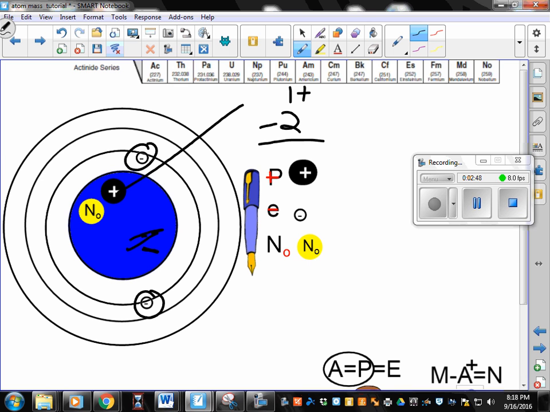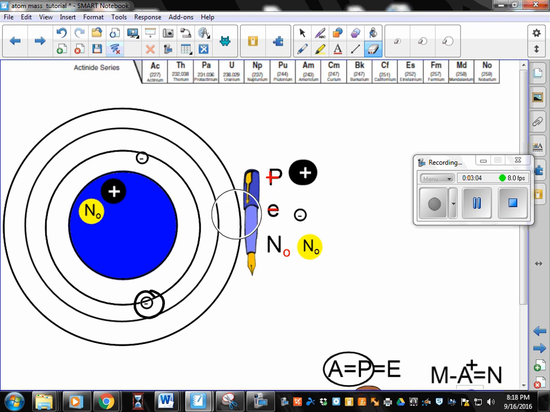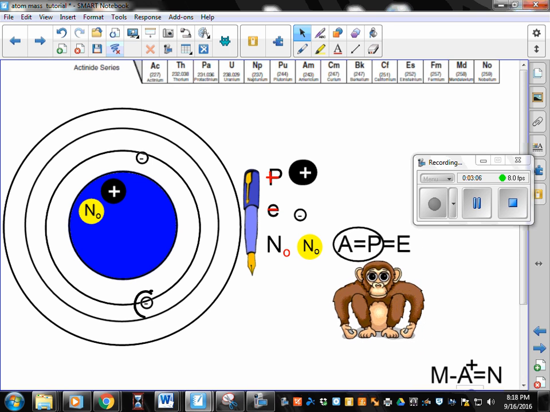So there's more negative things than positive things. That means there's a negative charge on that atom. It would end up being a -1. It's called an ion.